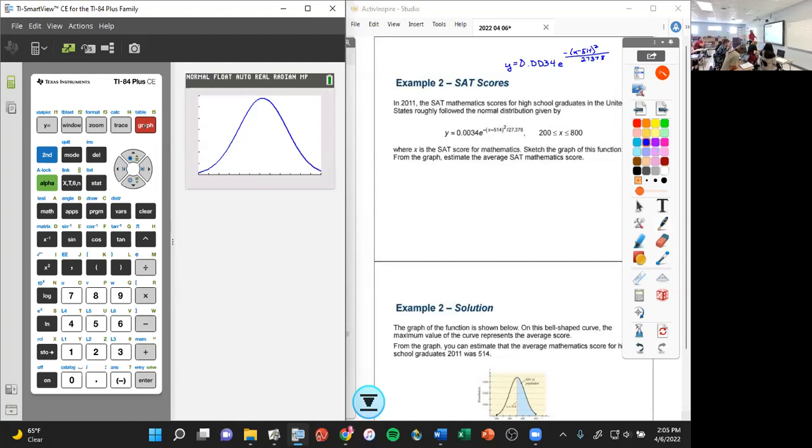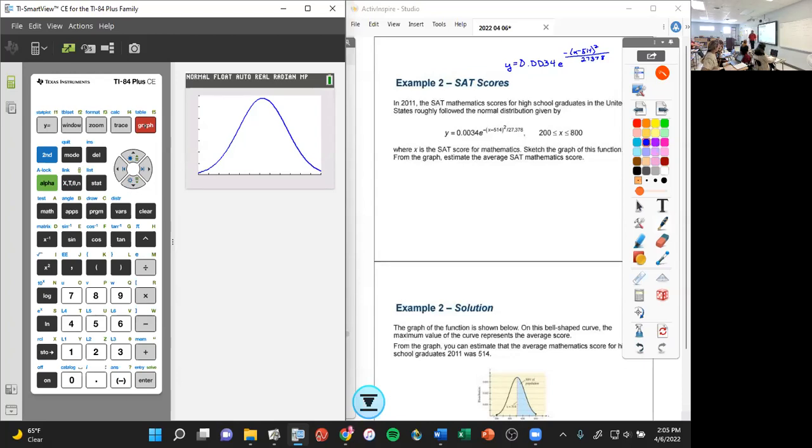Okay. Where does this value happen? That's what the question asks. X represents the math score, right? On a bell curve, where's the average going to be? In the center. Right in the middle. So if I can find the X value, that's going to tell me the average score on the SAT. How do I get that point? You trace. Okay.